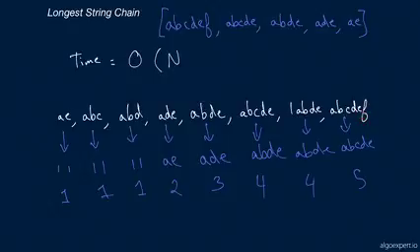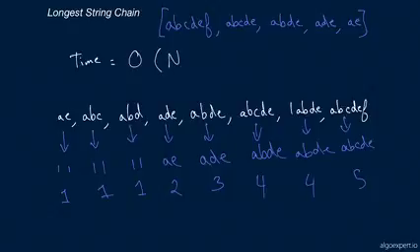Why N? Because we're going to be iterating through all of the strings once, at least when we dump them in the hash table, but then we're going to reiterate through all of them as we did throughout the example here, and then we're going to try removing letters from them and so on and so forth. When we build our longest string chain, we're going to be iterating through the strings, and we might have a longest string chain of length N. Point is, clearly there's going to be an N here.